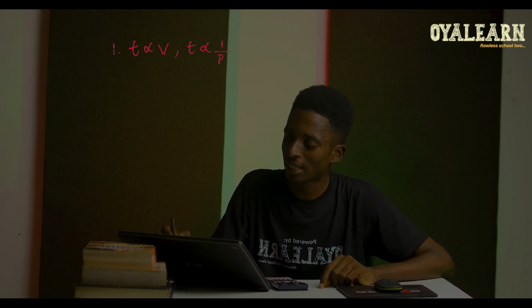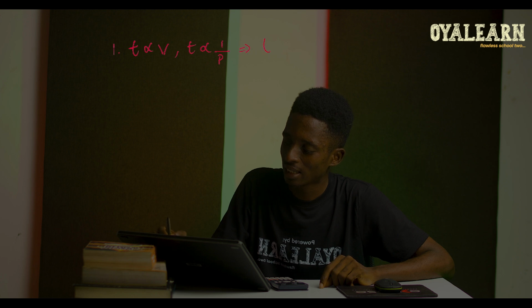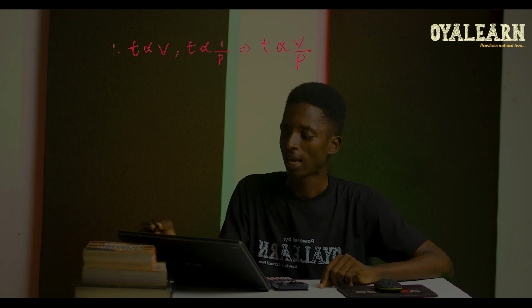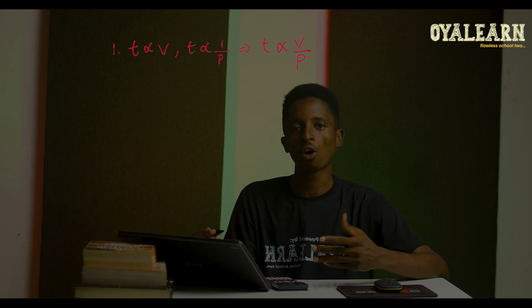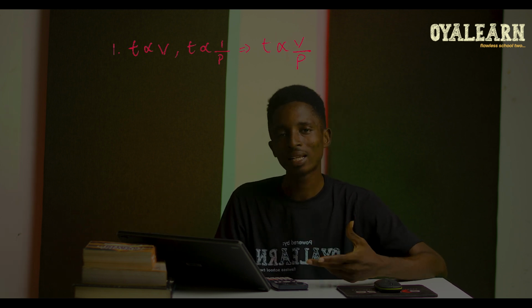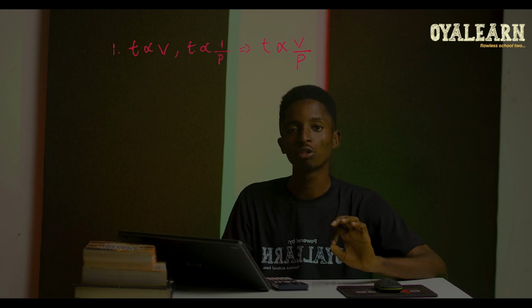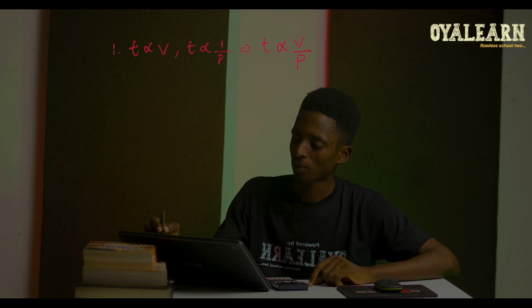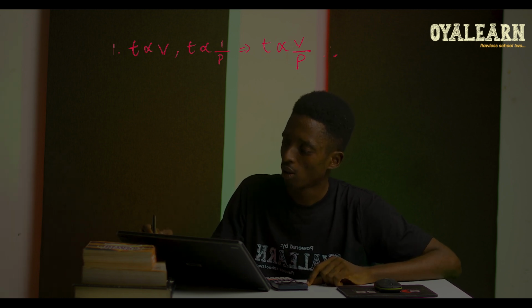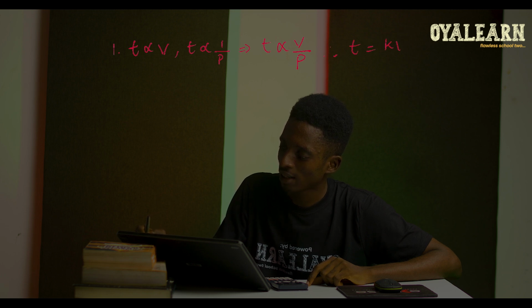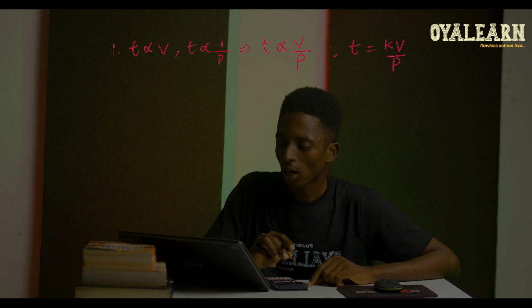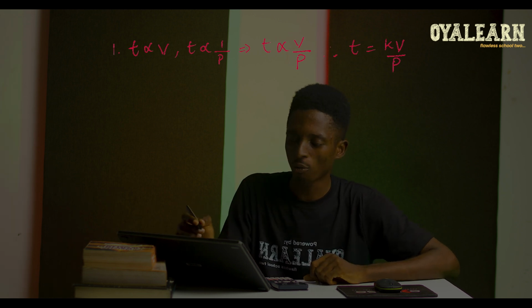That is, it implies that T varies directly as V and inversely as P. And when we remove the sign for variation and replace that with the equality sign, we have to introduce the constant K. Therefore, T equals KV over P.